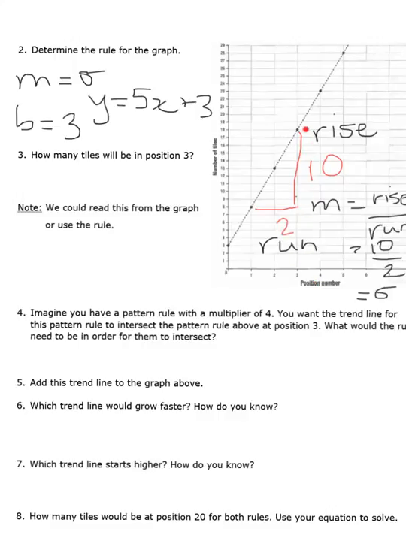I go up until I touch the line, and then I see that there's 18 tiles at position 3. Okay, 18 tiles at position 3. You can read this from the graph, or the other way that you could have done this was use our pattern rule. 5 times 3 is 15, plus 3 is 18. Good.